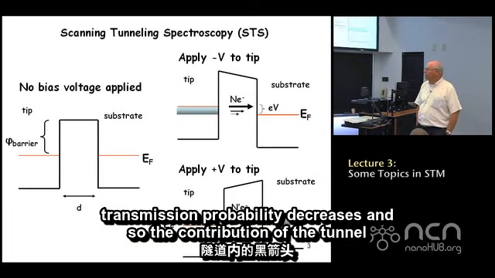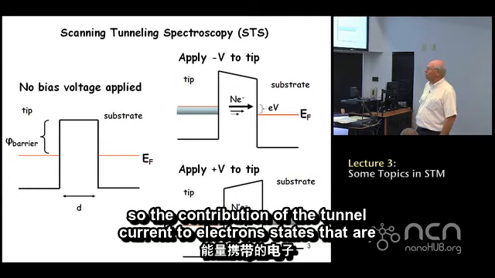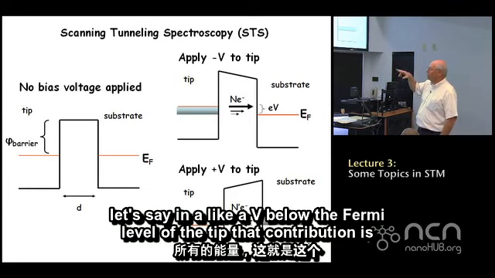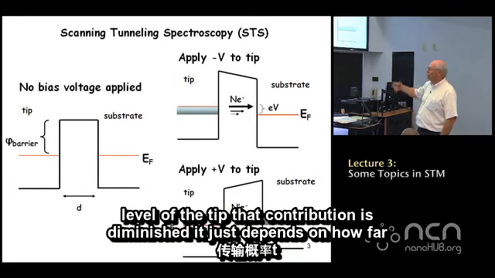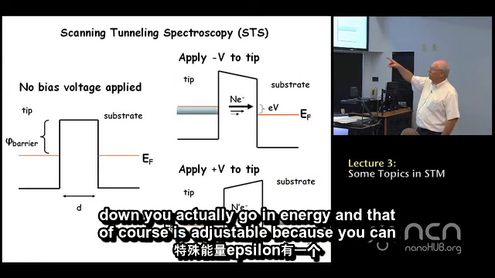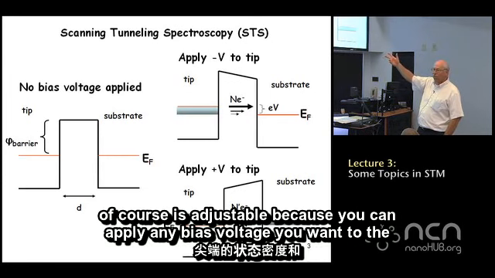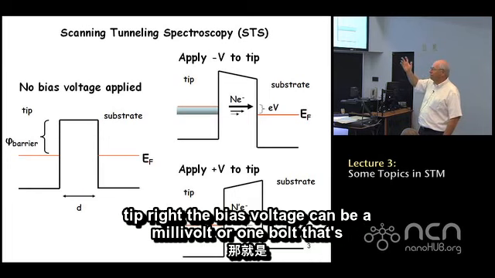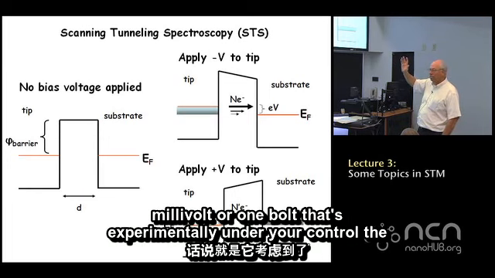And so the contribution to the tunnel current from electron states that are, let's say, an eV below the Fermi level of the tip is diminished. It just depends on how far down you actually go in energy. And that, of course, is adjustable because you can apply any bias voltage you want to the tip. The bias voltage can be a millivolt or 1 volt. That's experimentally under your control.